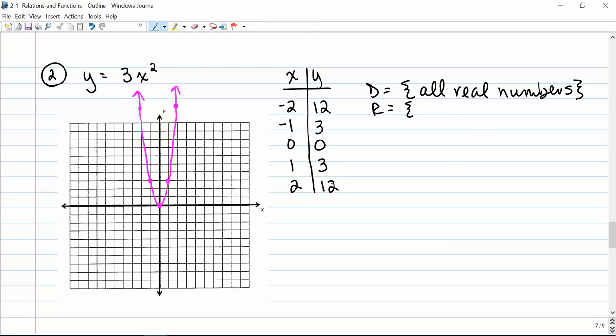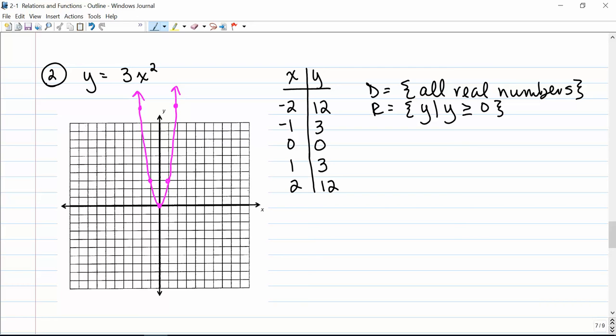And also by looking at the table, you can kind of figure out what's going to happen: as my x's get smaller, my y's are going to get bigger, and as my x's get bigger, my y's are also going to get bigger, and my smallest y is a 0. So my range is the set of all y such that y is greater than or equal to 0.